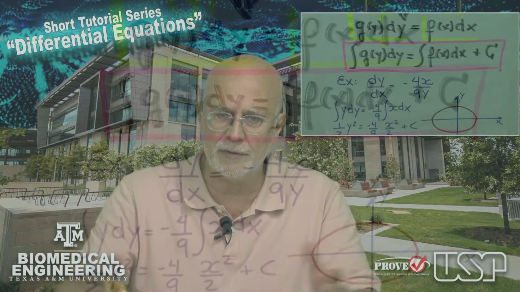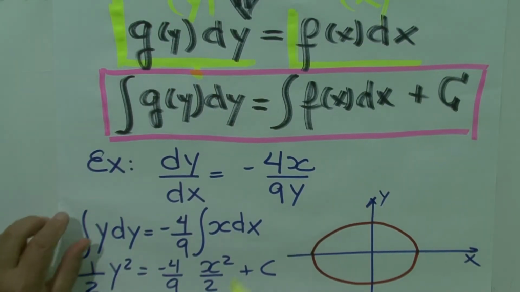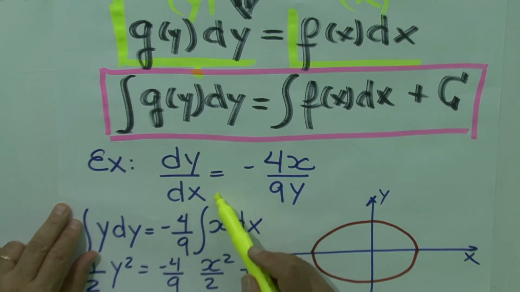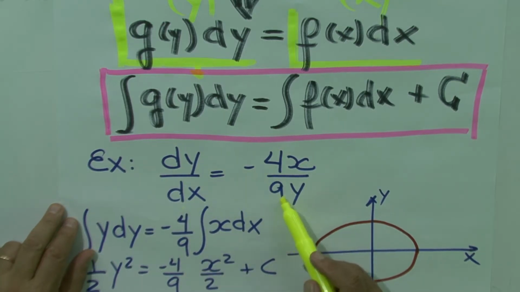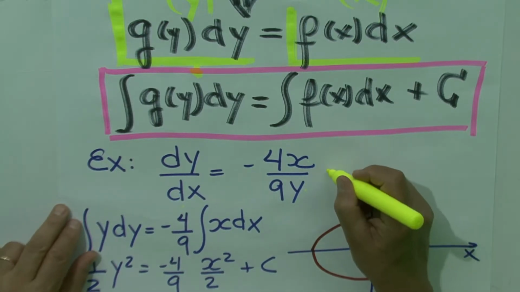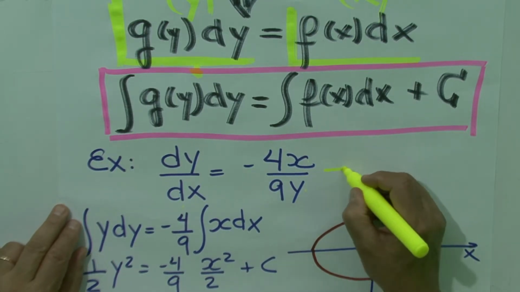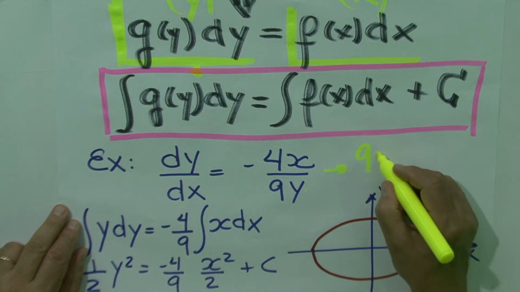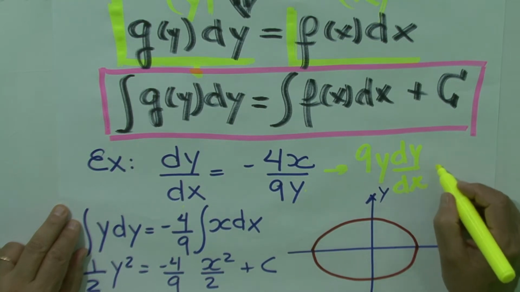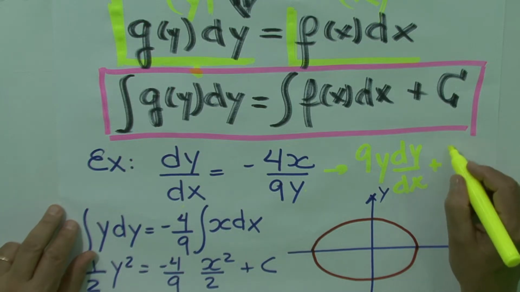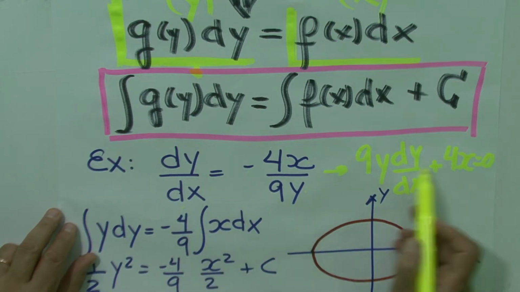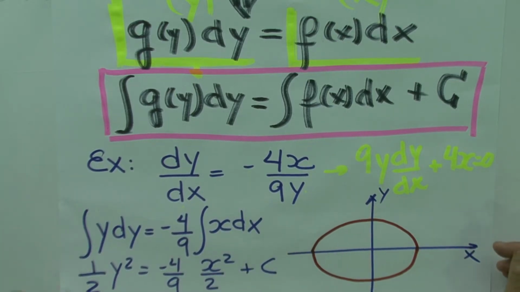Imagine that we construct a differential equation, and it shows that dy/dx equals minus 4 over 9 times x divided by y. I could put this another way, just saying that 9y dy/dx plus 4x equals 0. That's equivalent to this equation, the same equation.